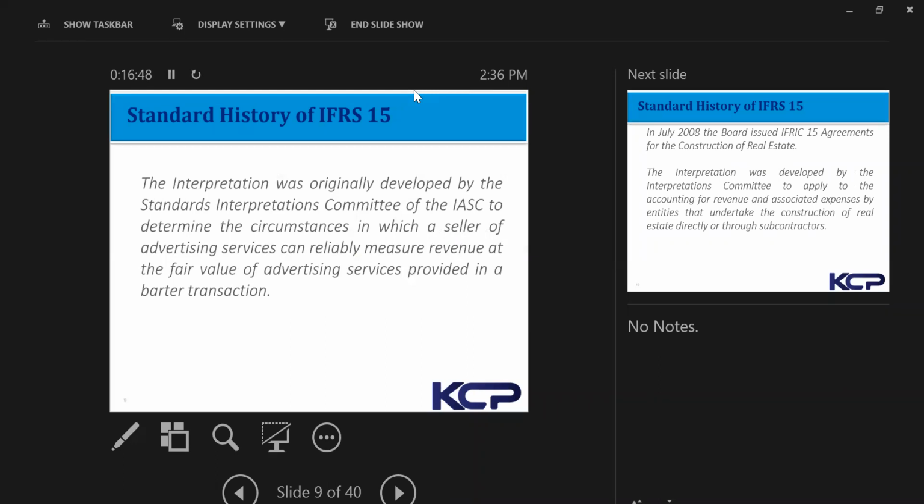The interpretation was also originally developed by the Standing Interpretations Committee of the IASC to determine the circumstances in which a seller of advertising service can reliably measure revenue at fair value of advertising service provided in a barter transaction.